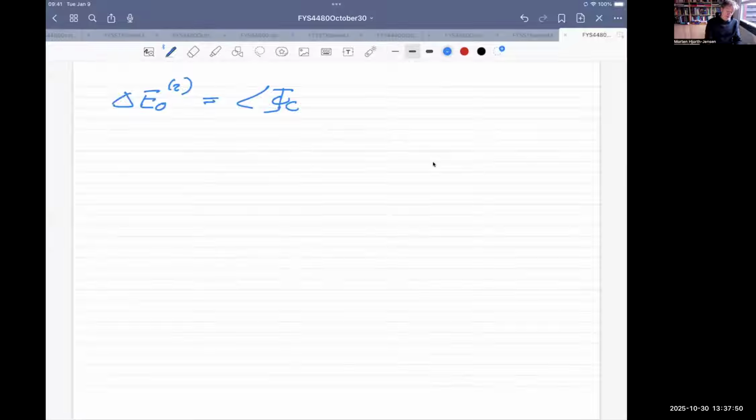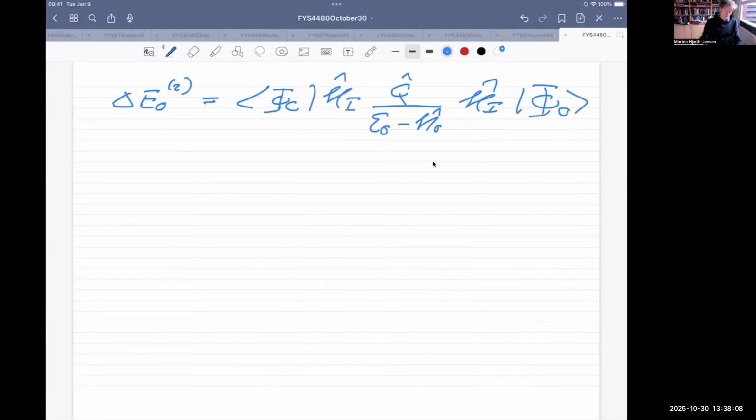So we have a phi 0, and then we have this h of I. We have this operator q, and then we have an epsilon 0 minus h0, and then we have h of I multiplied with phi 0. Now, this term, when we write it out in terms of those states which are not included in the model space, this is the same as writing this as a sum over lambda equal to 1 to infinity in principle.